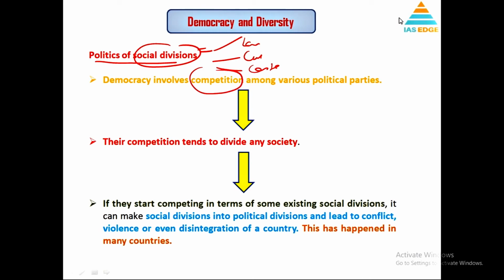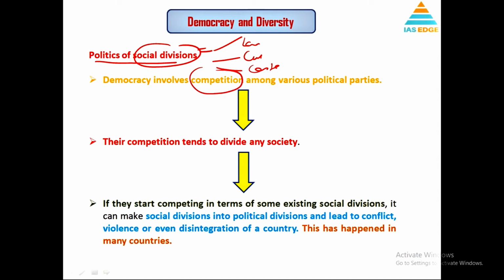In India, we have social divisions on language, on culture, on caste, and there is a competition then. You belong to a certain political party and you contest an election. Slowly, unknowingly, even if you don't believe in these things, suddenly your religion, or at least your caste, or the place you belong to comes into the picture.